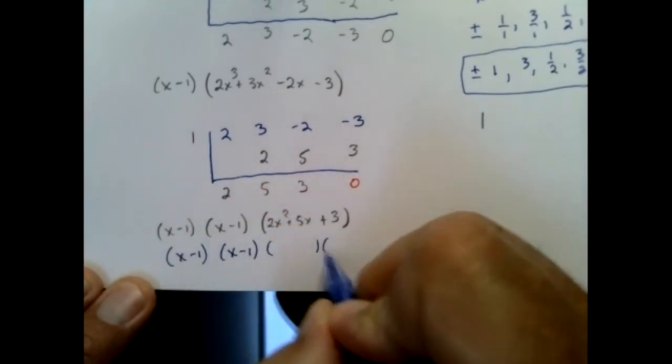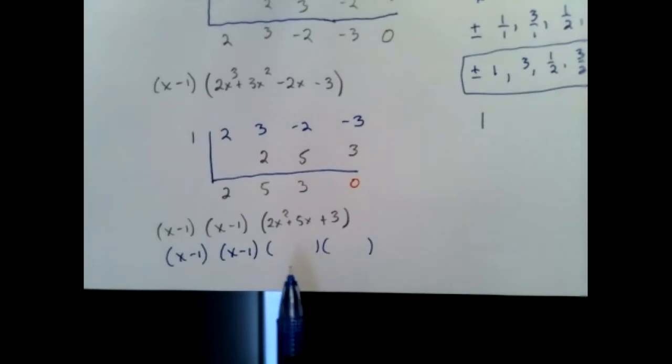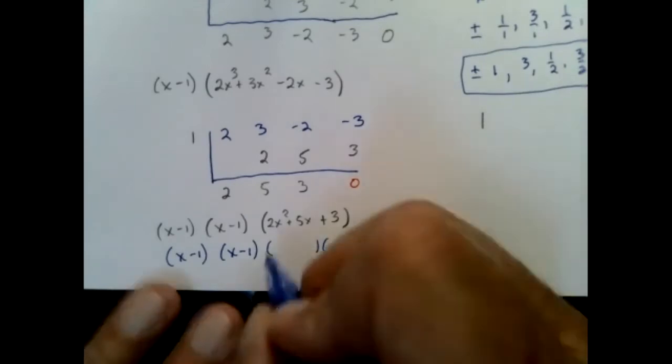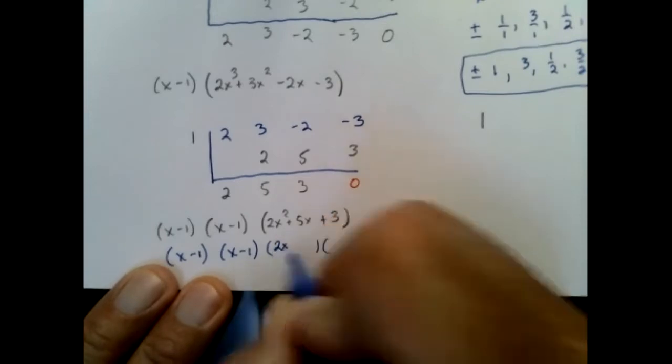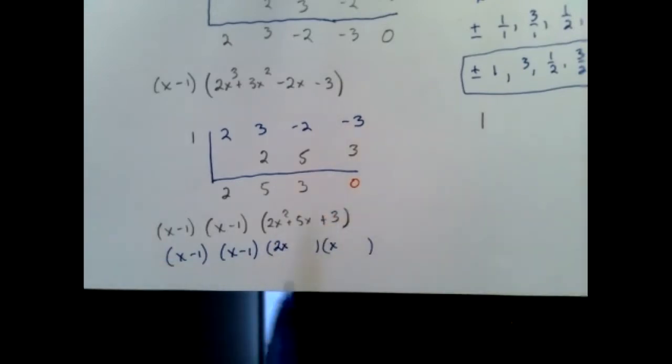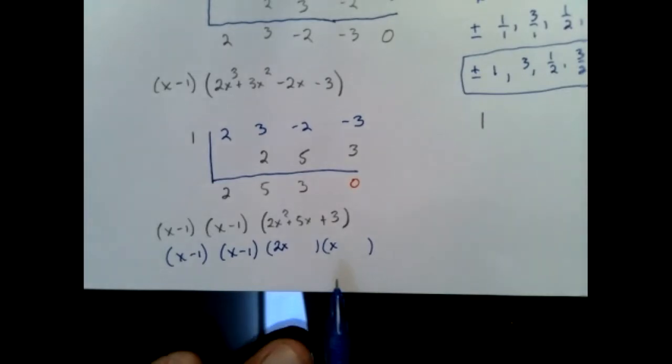I'm going to take a quadratic, because this is something I know how to do. I know it has to be 2x and x. So learning how to factor all these quadratics way back in a previous math class, we're now going to apply it here.